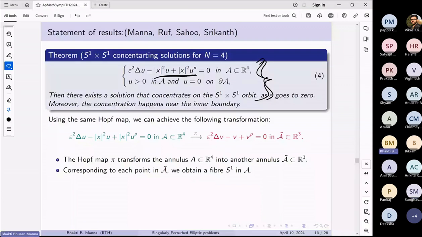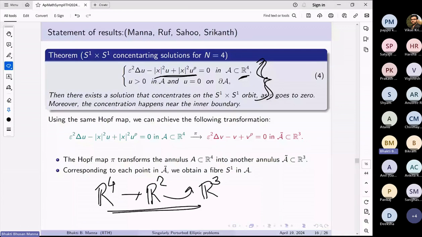So what we did, because we are in R4, there are two sorts of reduction we are doing. From R4, we go to R2, and then we lift this problem to R3. We shall come to why this helps us find a solution.